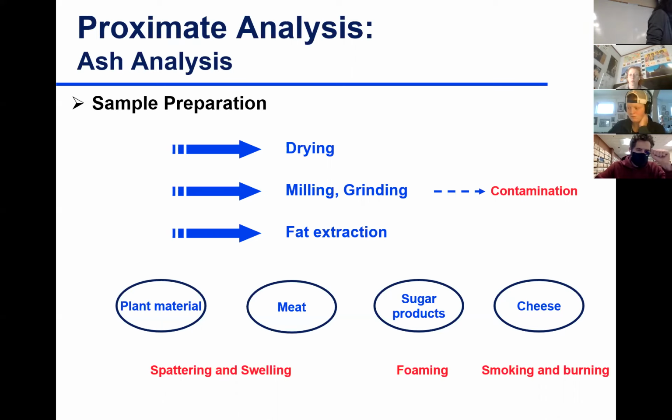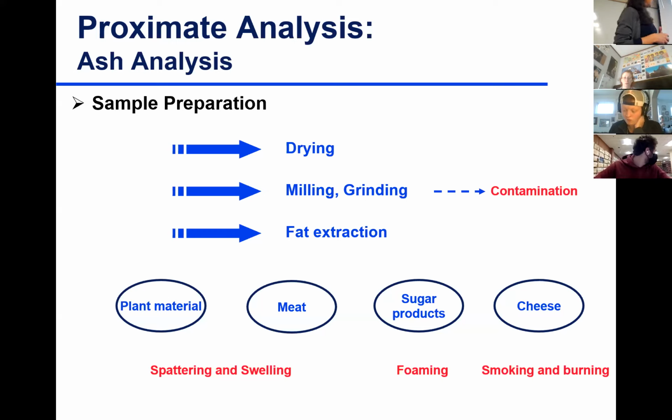So when, let's say you dried the sample, you need to mill it, or even if you have cheese, you want to grate your cheese. So the idea is to increase the surface area and enhance sampling procedure so that your sample is homogeneous, you have mixed it well.